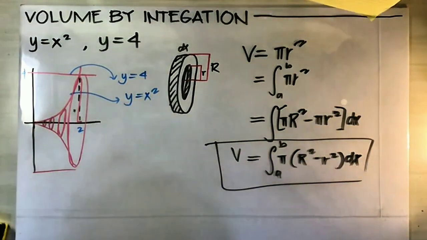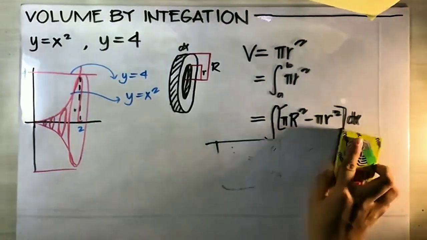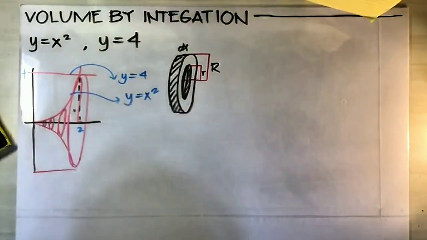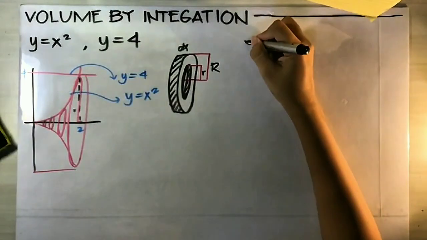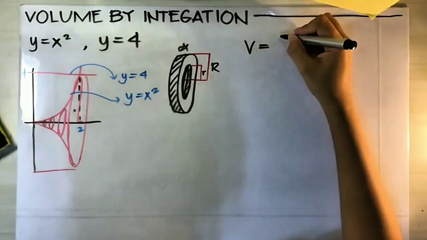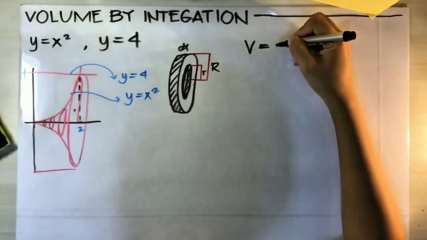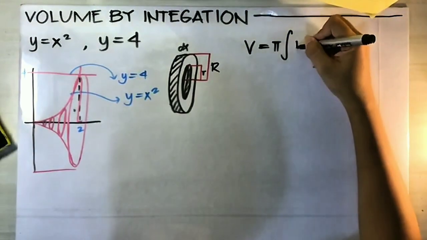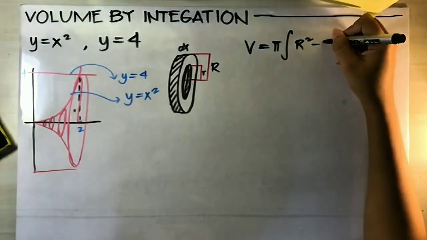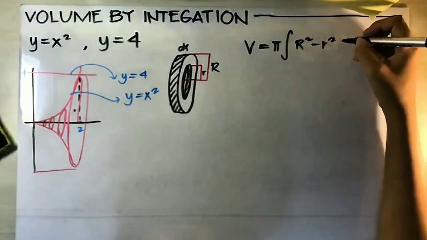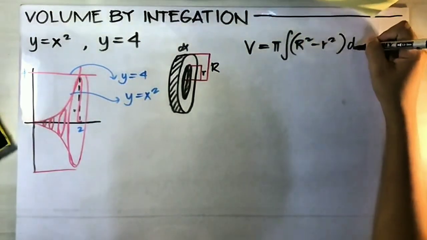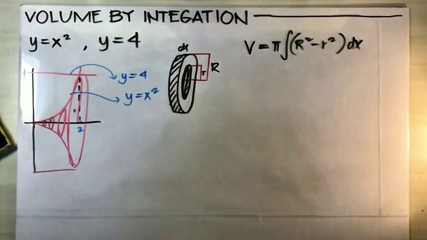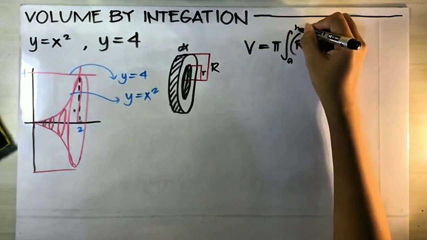Our formula is volume is equal to the integral. Let's put the pi outside since it's constant. The big R squared minus small r squared times dx from A to B.